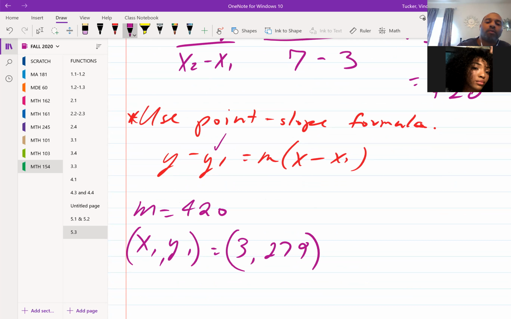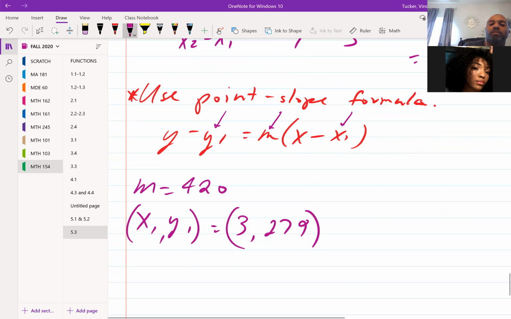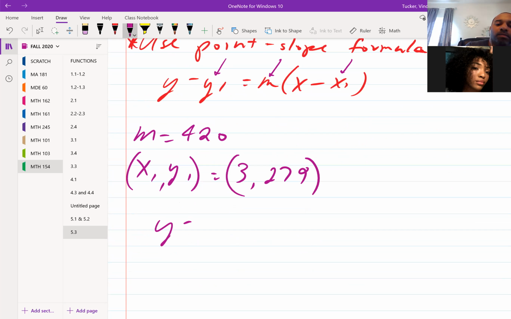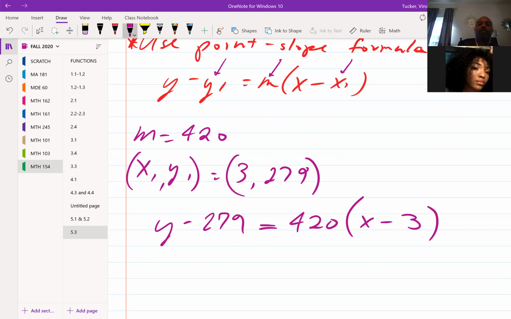We're going to plug in for y1, m, and x1. So that's y minus 279 equal to 420 times x minus 3. Distribute.